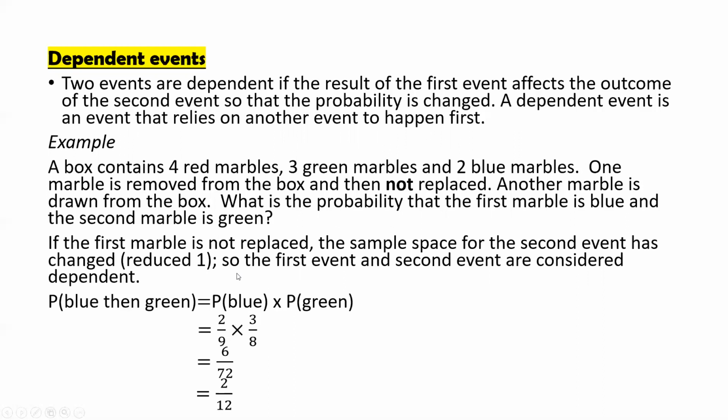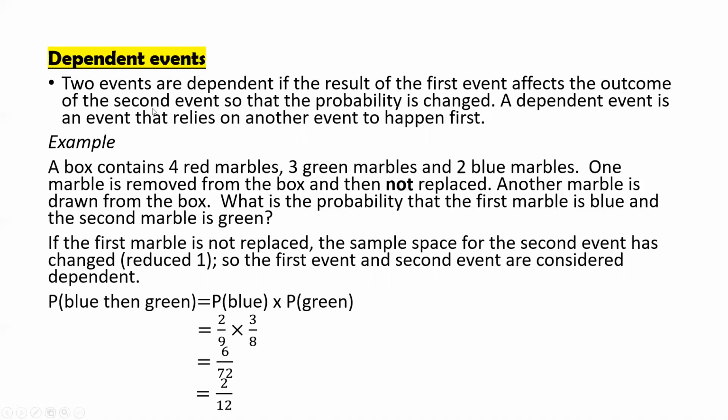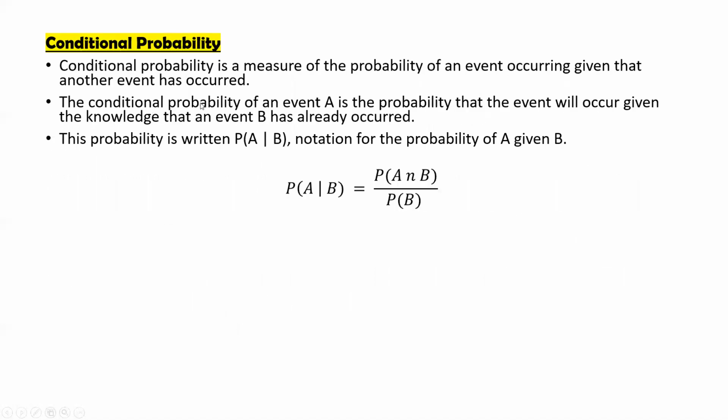All right, next one. Another one is called conditional probability. Conditional probability is a measure of the probability of an event occurring given that another event has occurred. That means it's similar to a dependent event, but this one is a bit different. You'll see the example later. The conditional probability of an event is the probability that the event will occur with the knowledge that another event has already occurred.